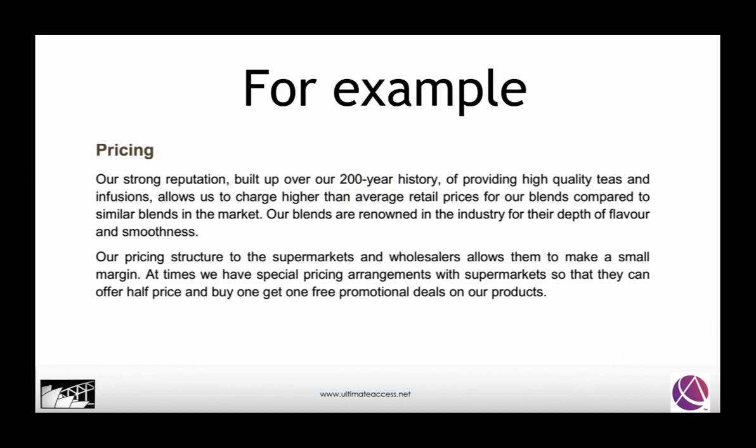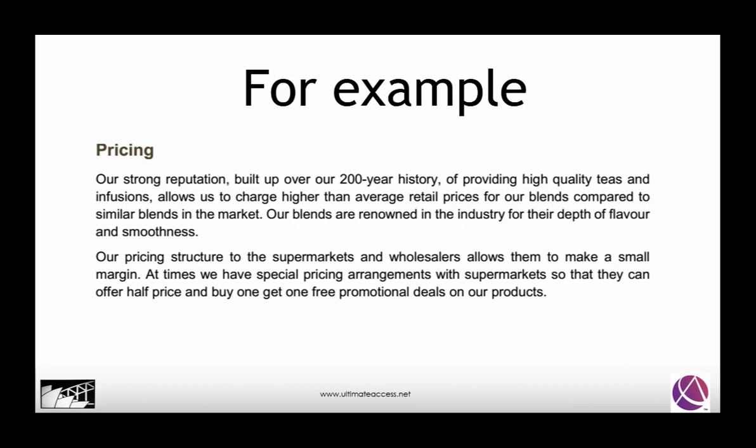Pricing, this comes straight from the pre-seen. Our strong reputation built up over our 200-year history of providing high quality teas and infusions allows us to charge higher than average retail prices for our blends compared with similar blends on the market. Our blends are renowned in the industry for their depth of flavour and for their smoothness. Our pricing structure to the supermarkets and wholesalers allows them to make a small margin.